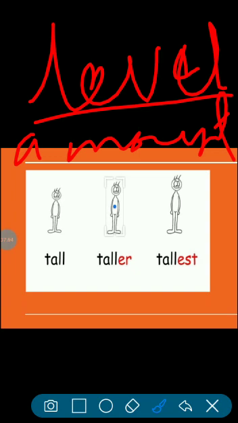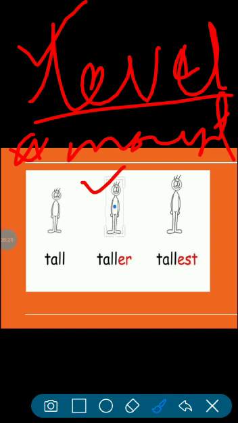Somebody is tall and his friend has more amount or more level of tallness. Then this is change of degree. Somebody has less quantity and the other one has more quantity of the same thing. So when somebody has more quantity of tallness, then we have to call him taller.